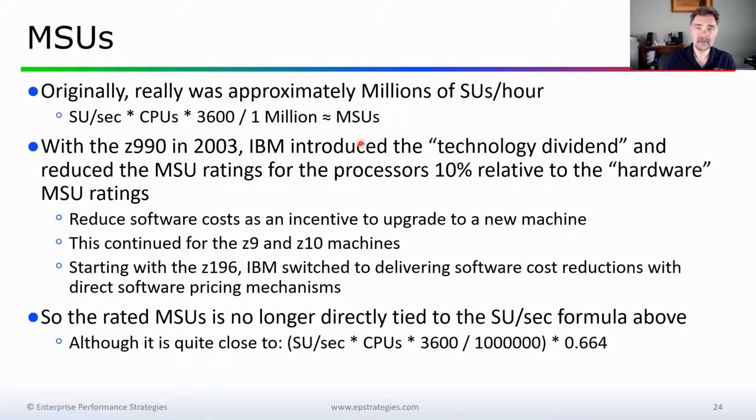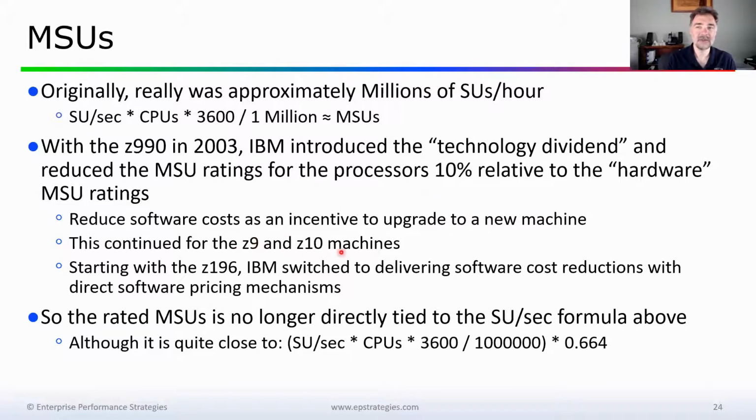However, with the Z990 in 2003, IBM decided that they were going to make software cheaper if you bought a Z990. How did they decide to make software cheaper? They decided to derate the MSU ratings of their machines. So they basically reduced the MSU ratings of its processors about 10% relative to the quote unquote hardware MSU ratings.